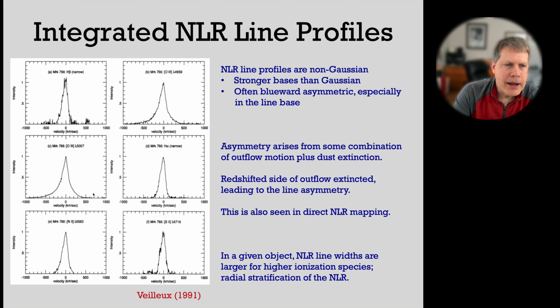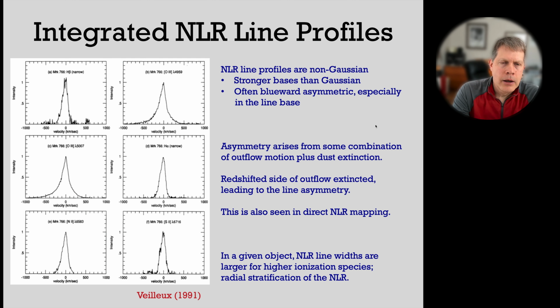Okay, that basic asymmetry of the integrated line profiles is thought to arise from some combination of outflow motion and dust extinction. Okay, so people have suspected for a long time, and now we have very compelling evidence of this, as I will show, that the narrow line region is often in a state of outflow.